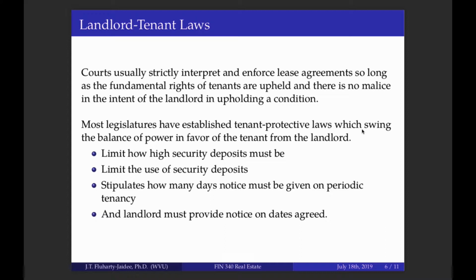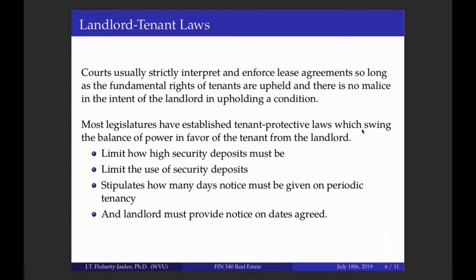There's a stipulation on the tenant side as to how many days they must give the landlord notice that they're no longer going to enter into a periodic lease. So remember, a periodic lease is one which automatically renews itself on a standard 1 year, 5 year, 10-year basis. Okay, it is not a lease for years which stipulates this is for 1 year and is renewable only upon re-sign.